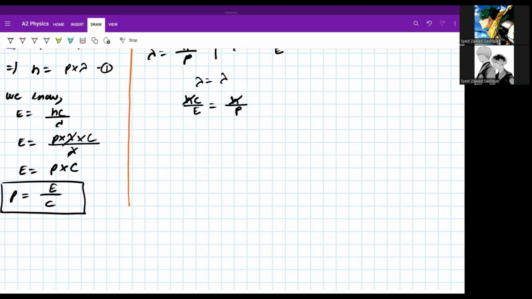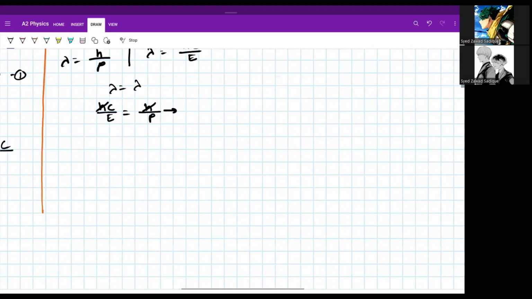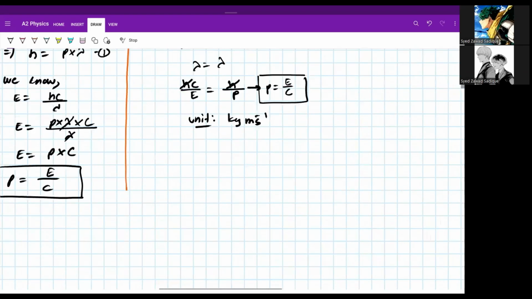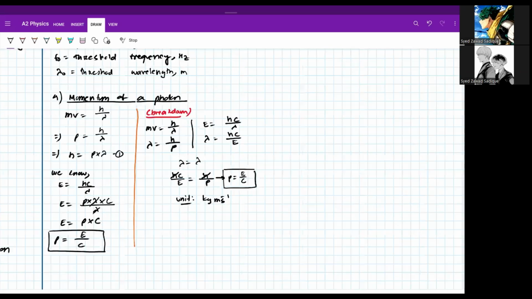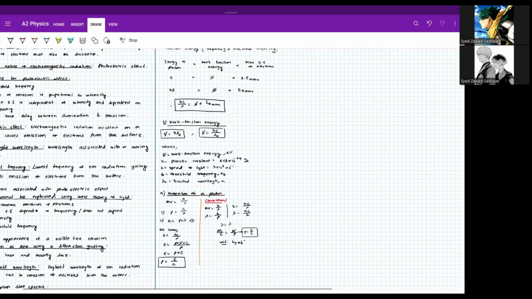H cancels out, which gives us p is equal to E by c. Unit is kg meter per second. Simple, because it's momentum, right? Nice.